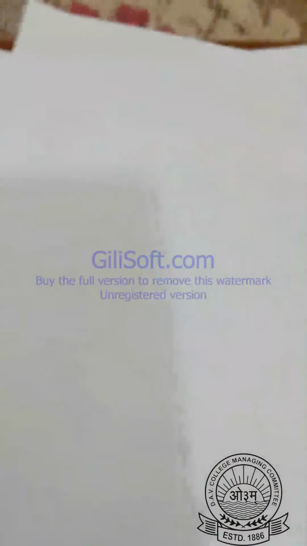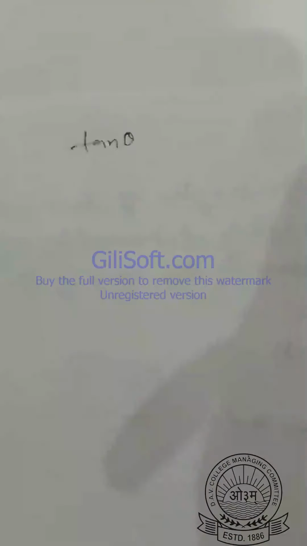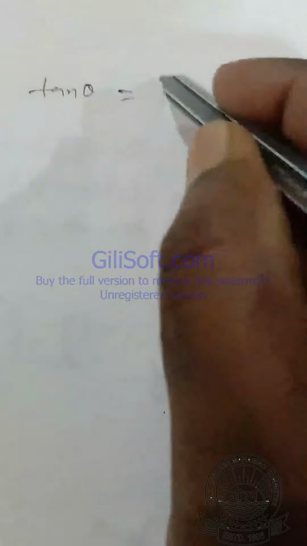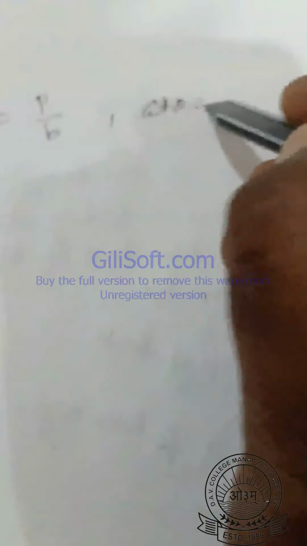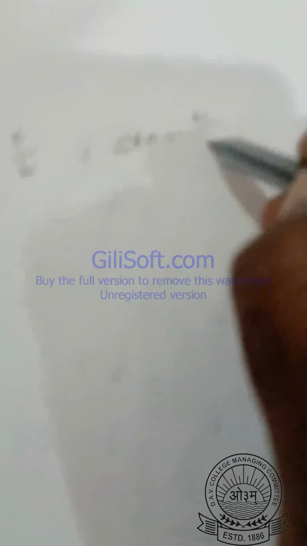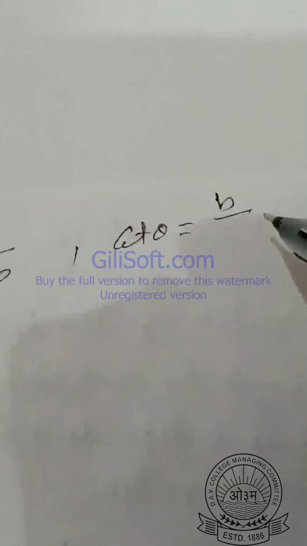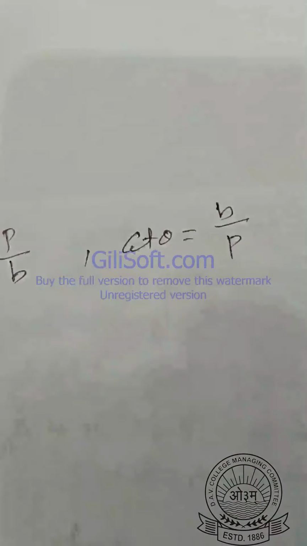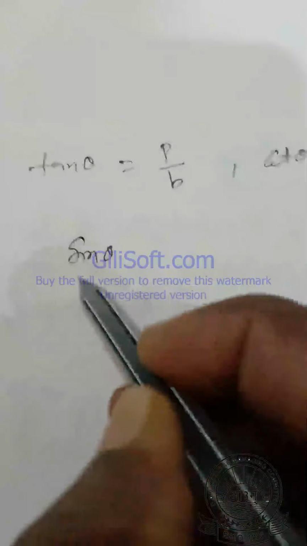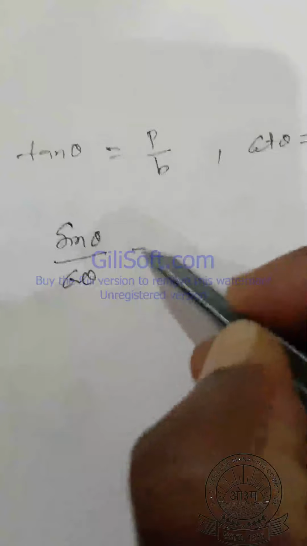Now one more thing, let us suppose that tan theta is equal to perpendicular by base and cot theta is equal to base by perpendicular. If we write sin theta by cos theta, what happened?